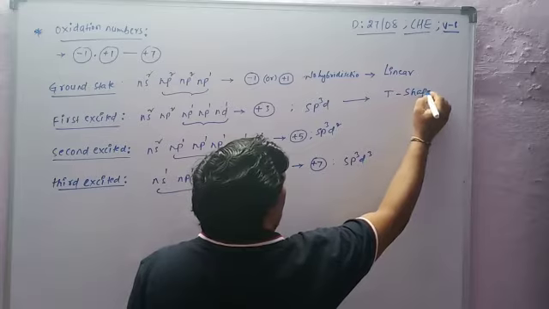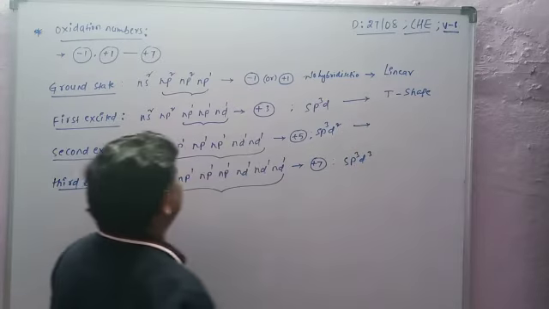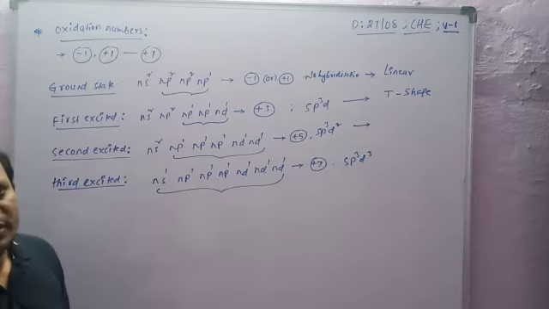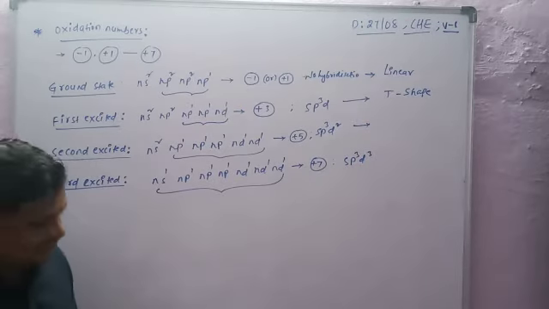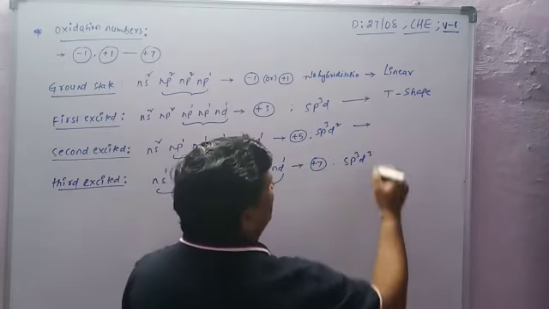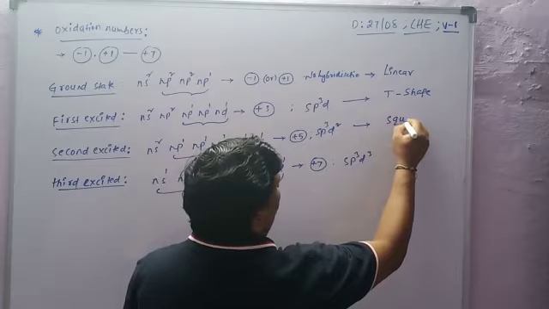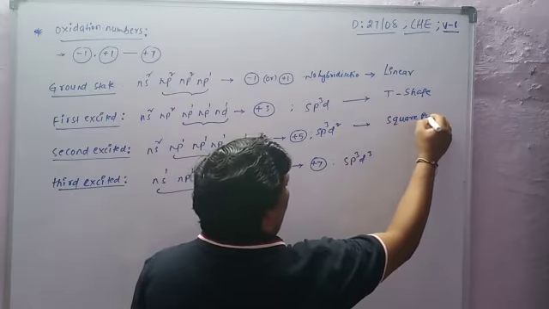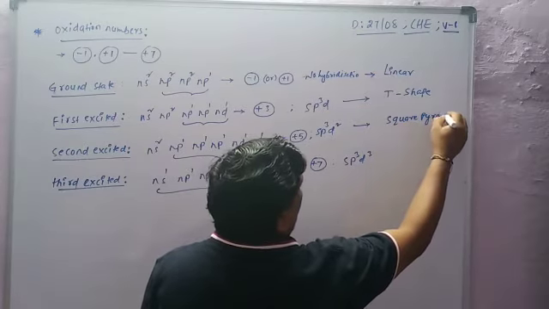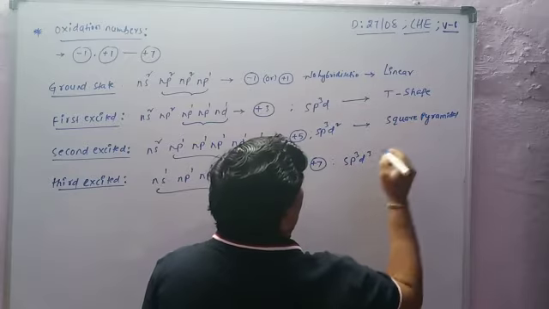In the second excited state, hybridization is sp3d2 and the shape is square pyramidal.